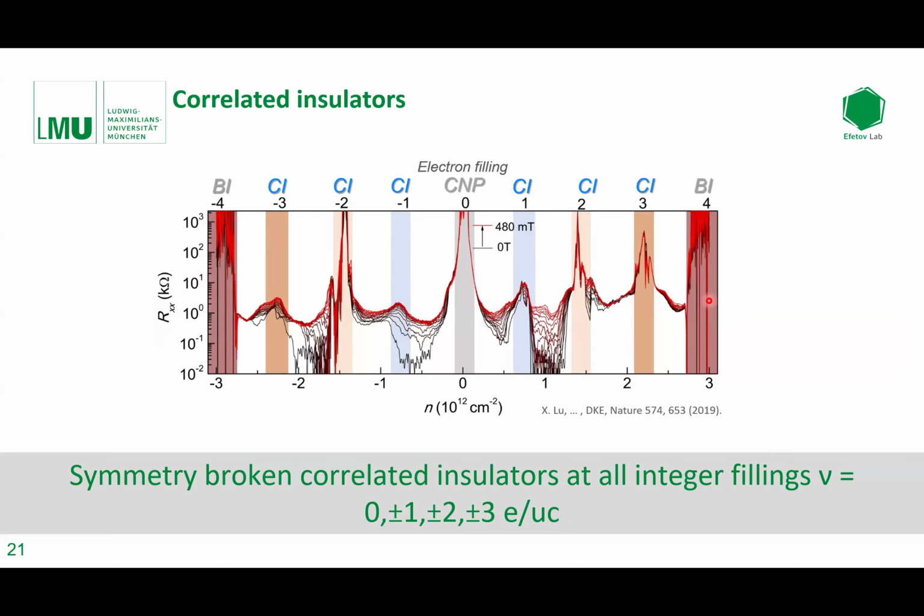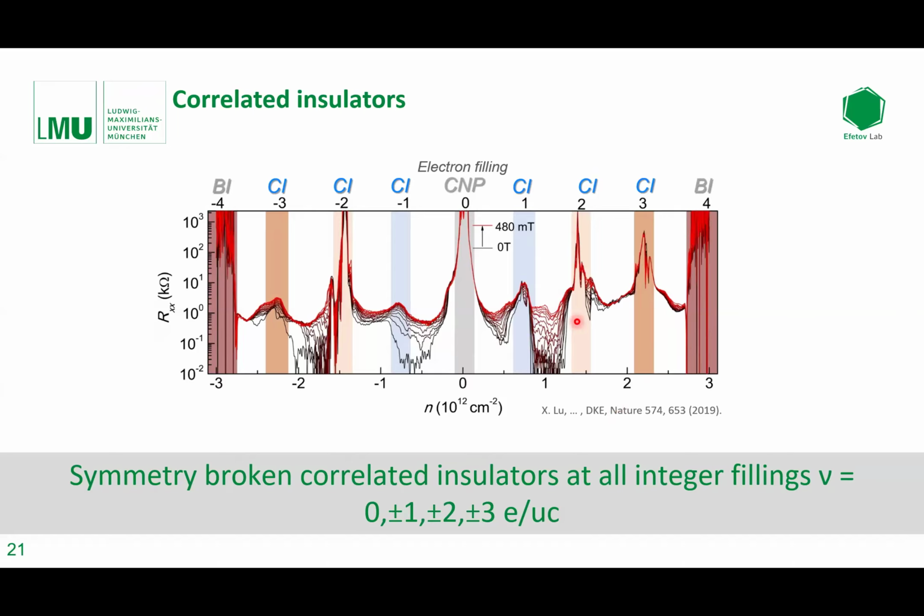In particular, the first thing is that we really observe these strongly correlated insulators at integer filling. And I have to say, first of all, there is really a hierarchy between which insulators are very strong and very well developed, and which insulators fall short of that.